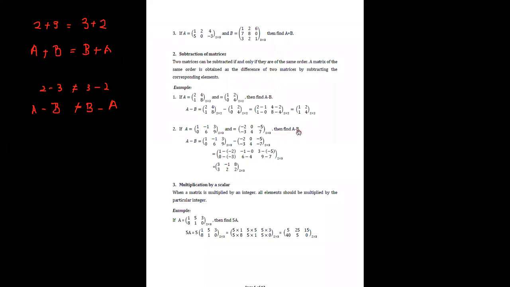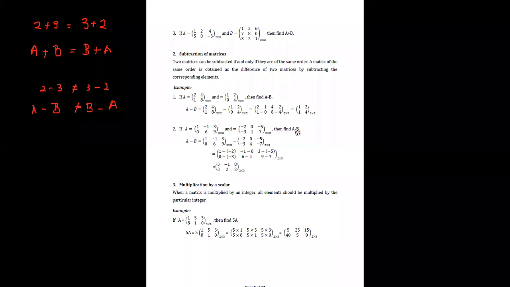Then if you are asked to find the matrix subtraction A minus B, here also you cannot change the order. It is because for subtraction, the general rule is A minus B is not equal to B minus A. Therefore, without changing the places or the orders, you have to write down these matrices. Matrix A will come first and matrix B comes later.